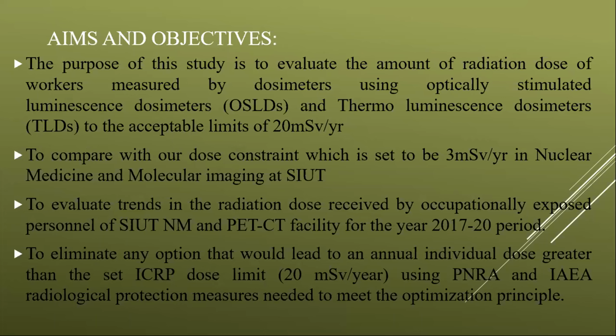Basically, the aim and objective of my study is to evaluate the amount of radiation dose of workers measured by dosimeters using OSLDs and TLDs against the acceptable limit of 20 millisievert per year, and also compare the dose constraint, which is set at 3 millisievert per year in nuclear medicine and molecular imaging.